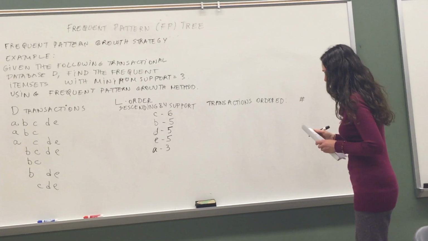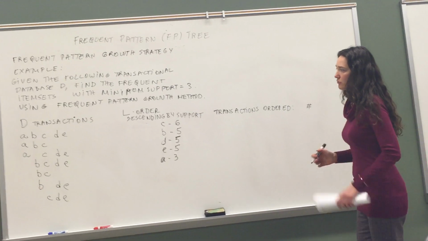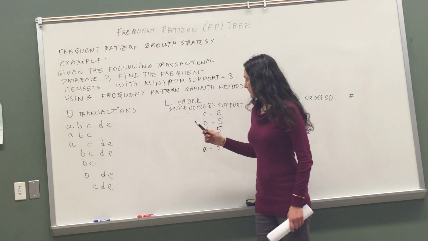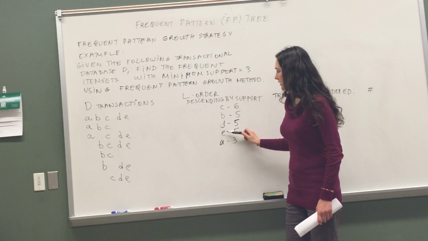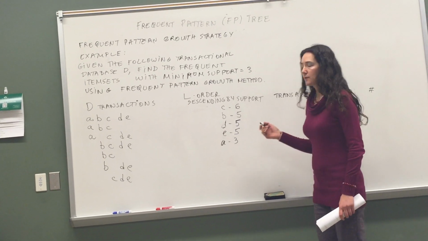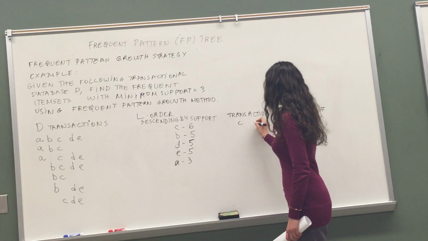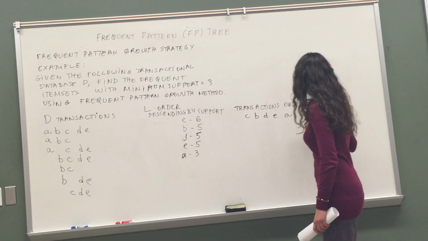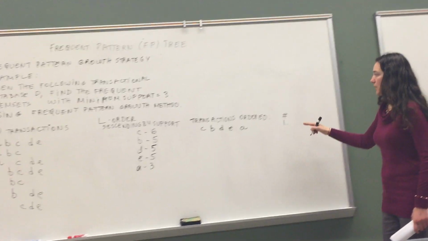So the first transaction will become C, B, D, E, A. We write down the first transaction: C, B, D, E, A. That's transaction number 1.